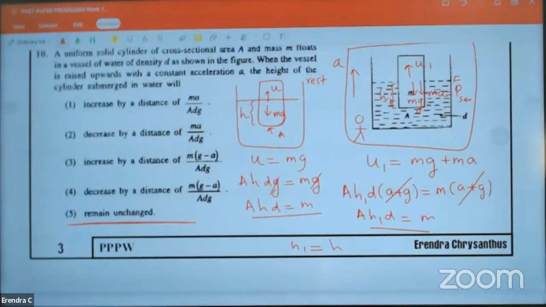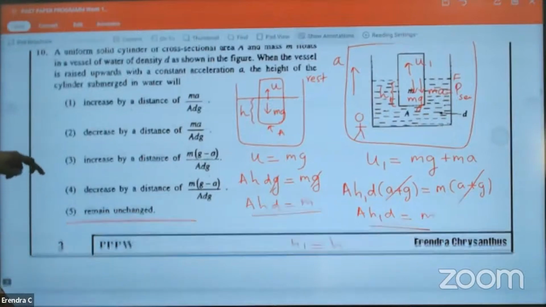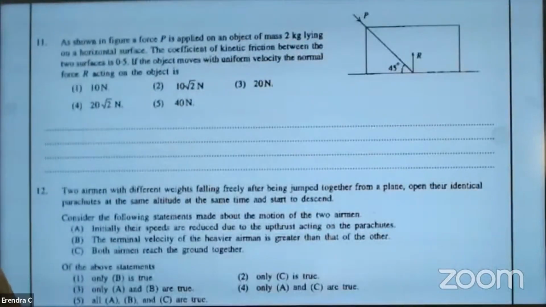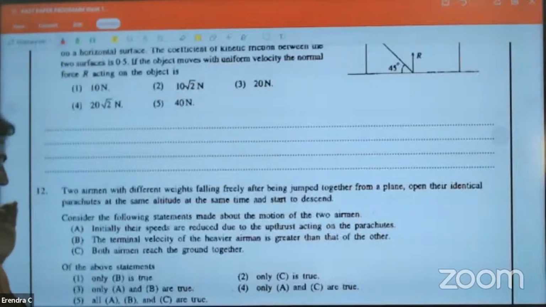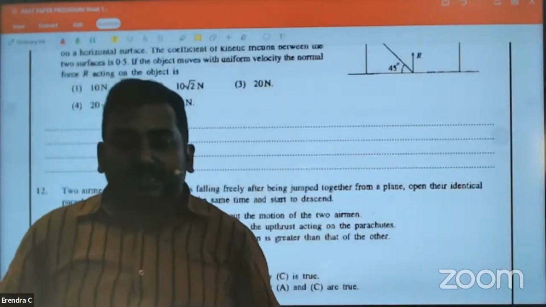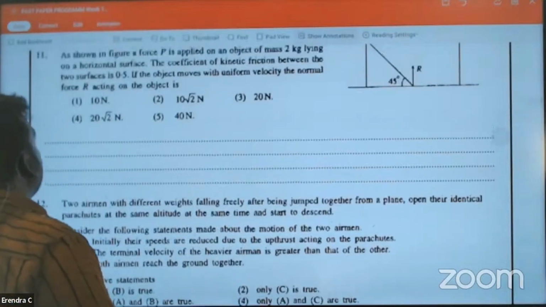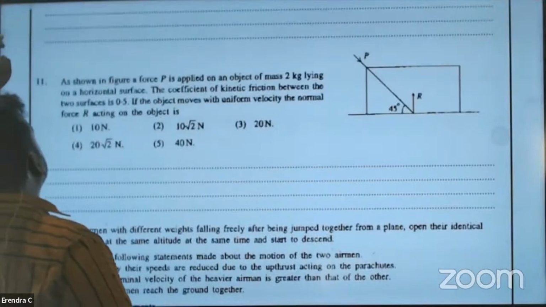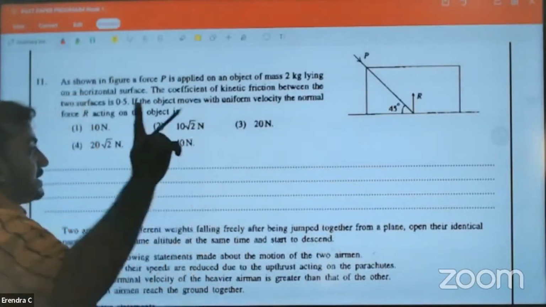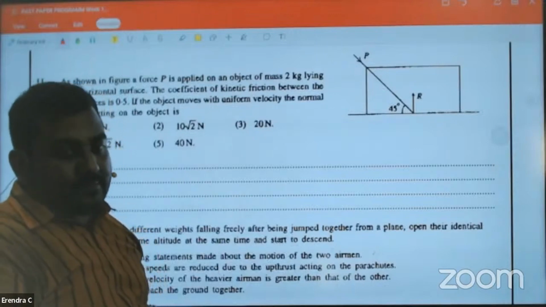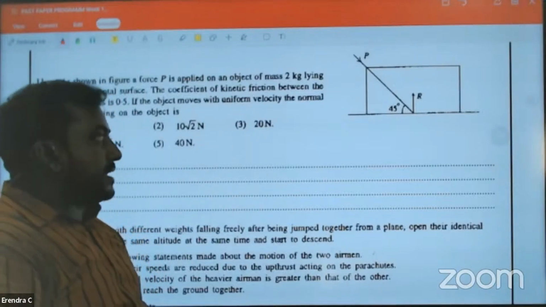Write a small sentence there: when the system accelerates, upthrust is also affected.